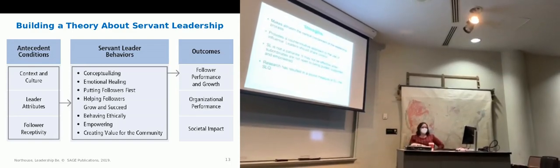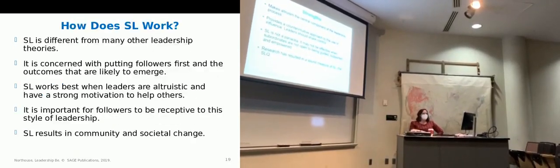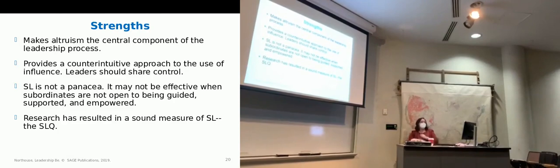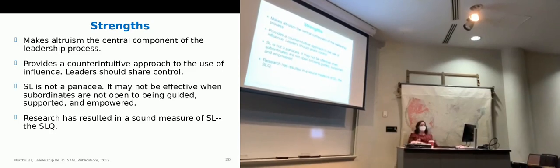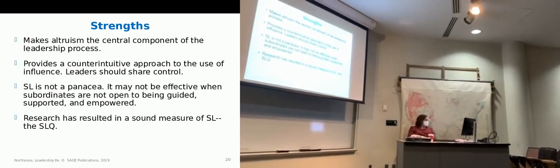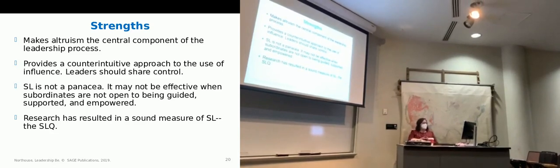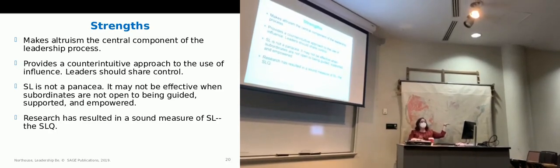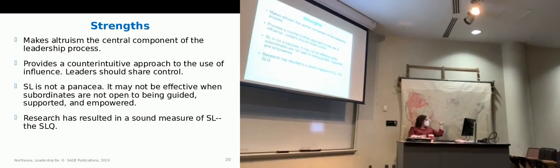Some strengths about it. We like the fact that compared to some of the other theories we've talked about, this one does focus on altruism, because mostly everything else we've talked about is either rooted in egoism, that people are going to revert back to the idea they're going to do what's best for them. That's that transformational leadership side that can get a little hard, because we put that leader on a pedestal, we have to be careful, because it would be really easy for them to focus on just what they want.